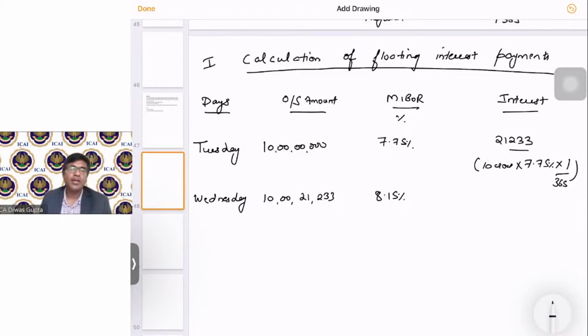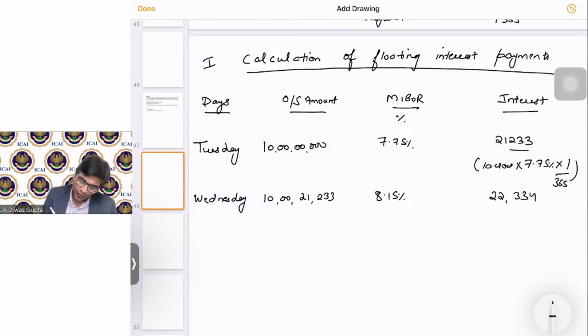Again, we have to take 1 divided by 365 also as a multiplication factor. So the amount comes as 22,334. Okay.